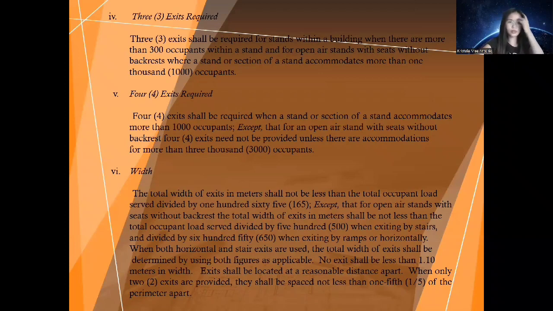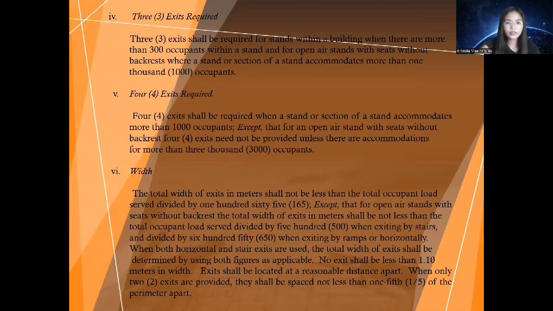So next is the width. The total width of exit in meters shall not be less than the total occupant load served divided by 165, except that for an open air stand with seats without backrest, the total width of exit in meters shall not be less than the total occupant load served divided by 500 when exiting by chairs, and dividing by 650 when exiting by ramps and horizontally.